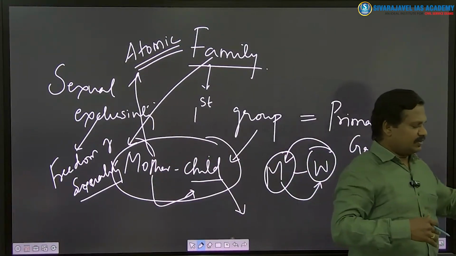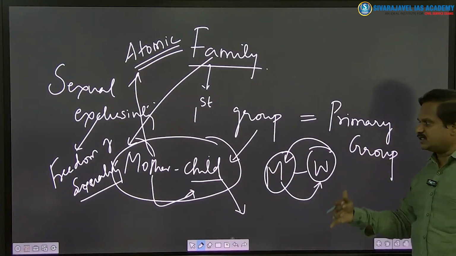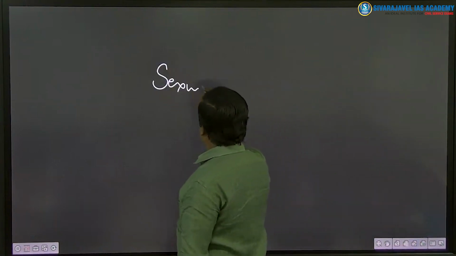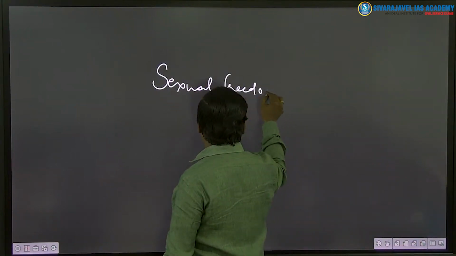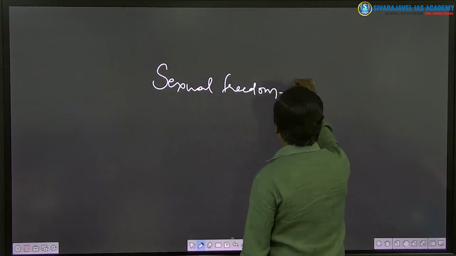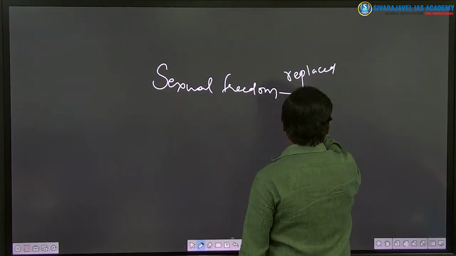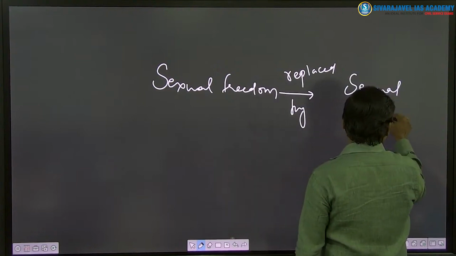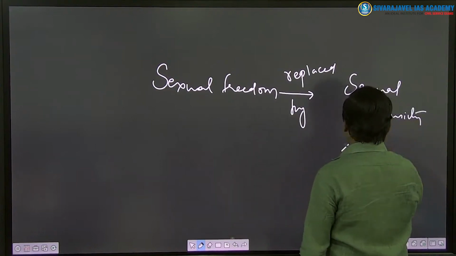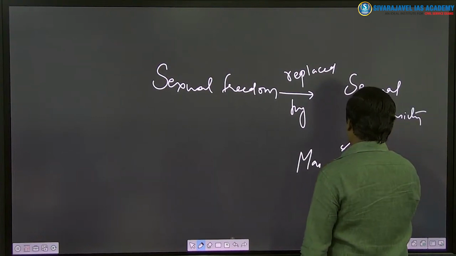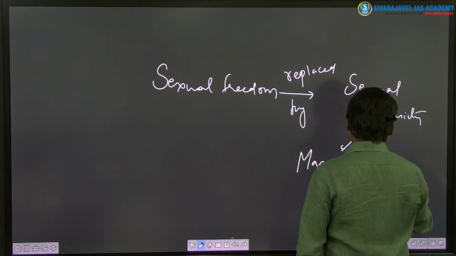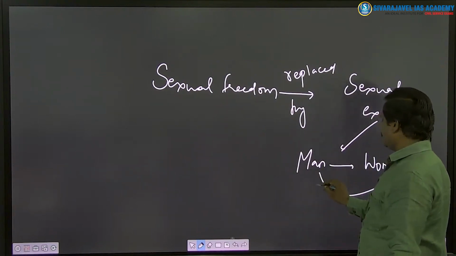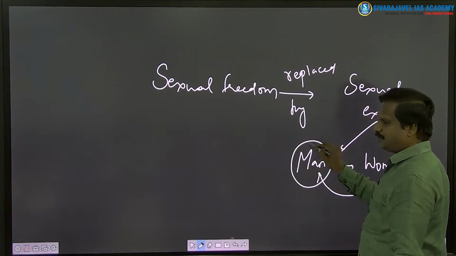Then later on, the father came into this family. And why did the father come into this family? Because sexual restrictions were imposed. Sexual freedom was replaced by sexual exclusivity, that the man is sexually connected to the woman, and the woman cannot have any other man as her partner.